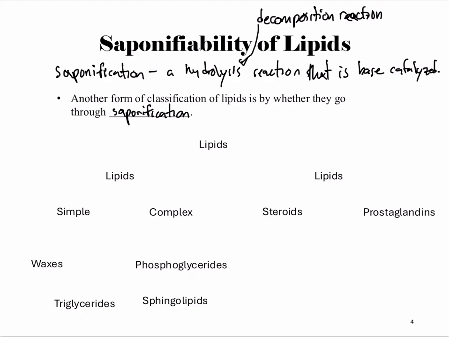Hydrolysis looked like for a generic ester. Okay. So for a generic ester, it would be R1. What's the functional group of an ester look like?